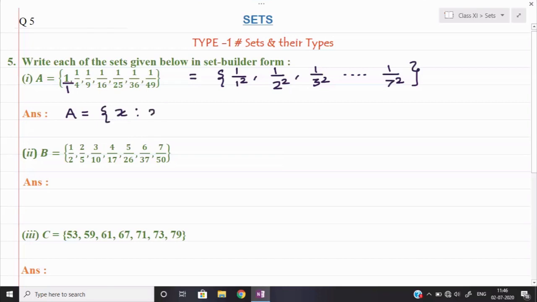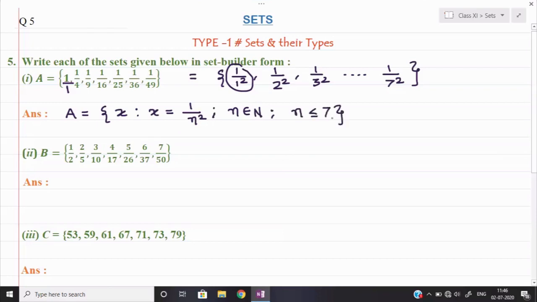The value of x is equal to, as we are seeing, 1 upon the square of a term. So I will write 1 upon n square. Now the value of n we can define in such a way: n can be any natural number, and n can be less than or equal to 7.